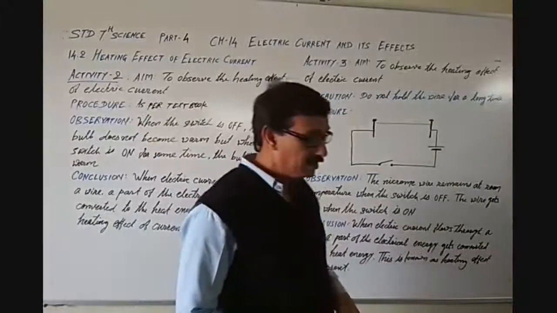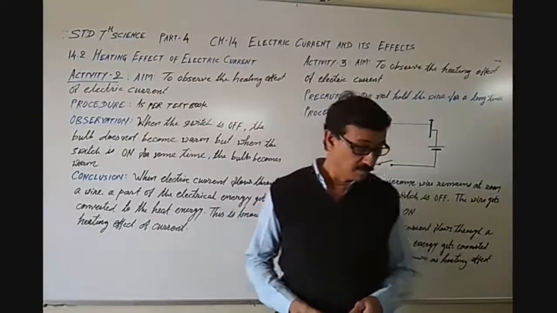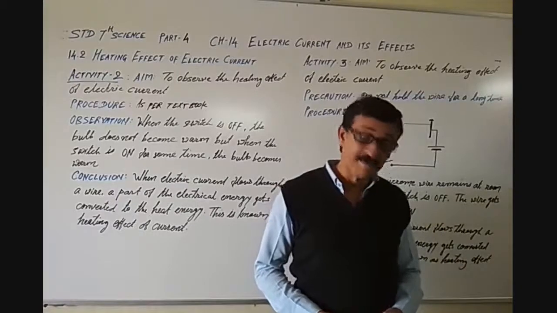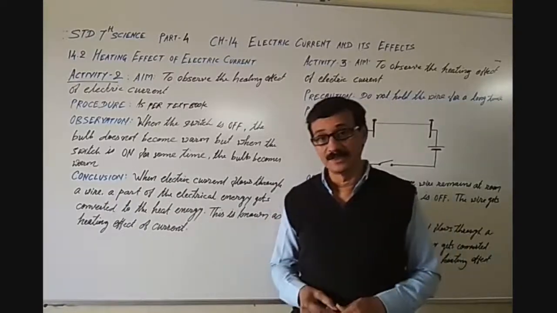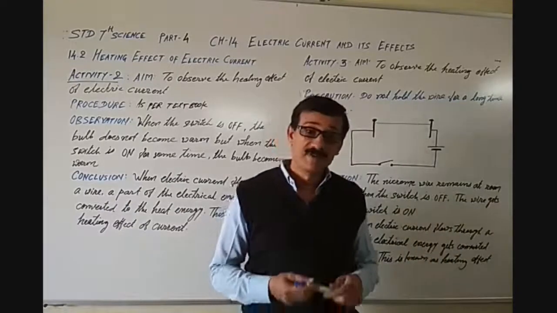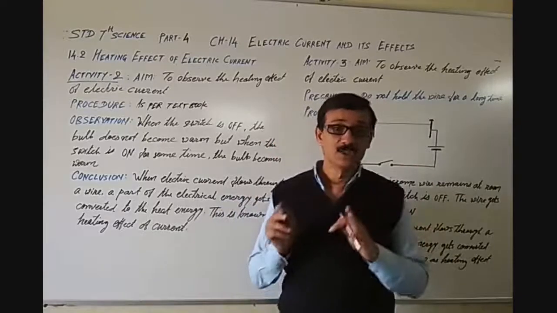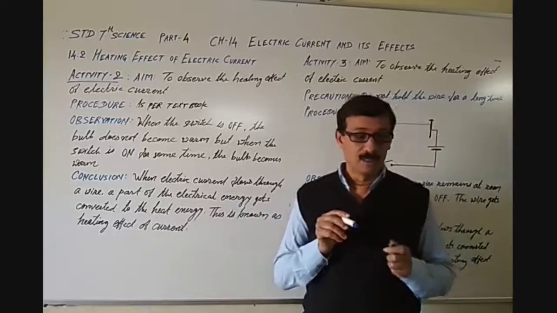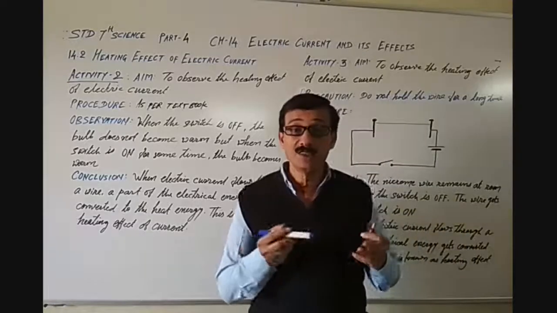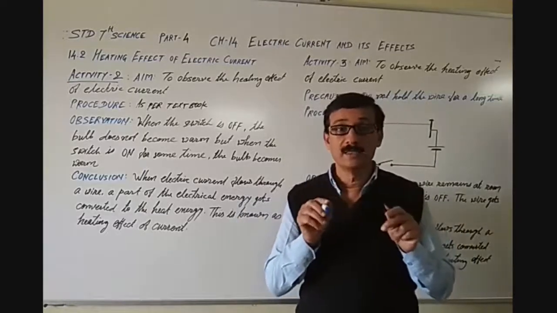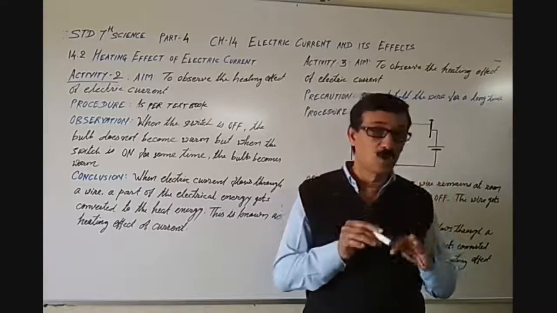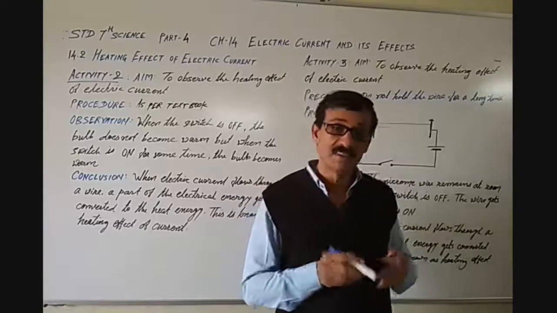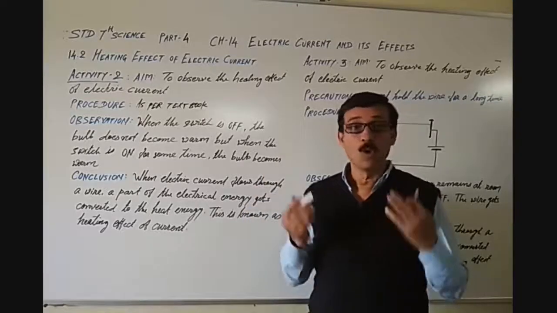Hello students, this is the fourth part of the 14th chapter, Electric Current and its Effects, of Standard 7 Science. In the last part we discussed the circuit, switch and filament. If the switch is on, we can say the circuit is closed, but if the switch is off, then the circuit is open.